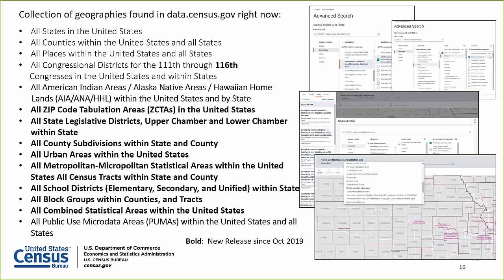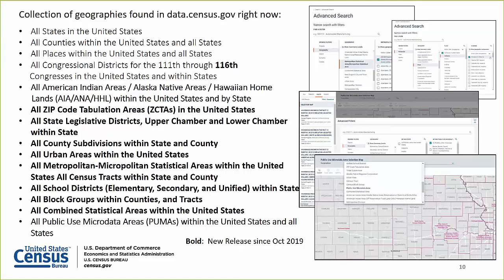So to break down just a little bit more, there's more collections of geographies that were added. Here's the list. The first ones are the ones that we've already had on the site, like all states in the United States, all counties by all states, those types of things. But the things that we've added have been bolded, that we've added since October of this year.